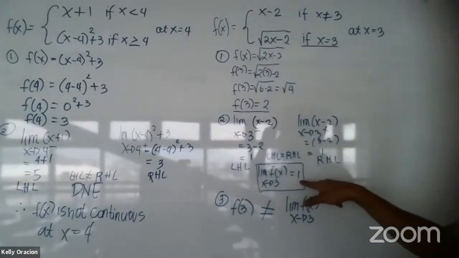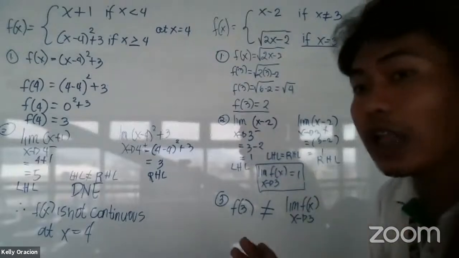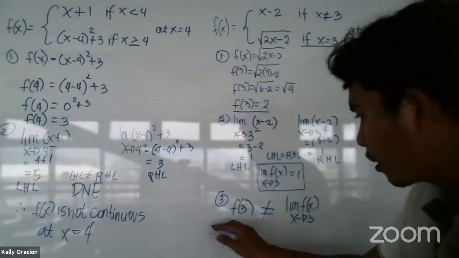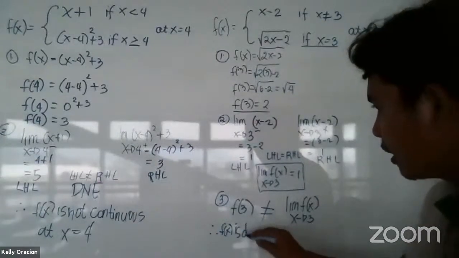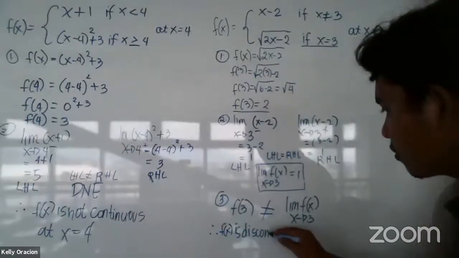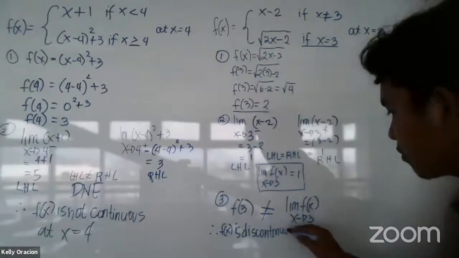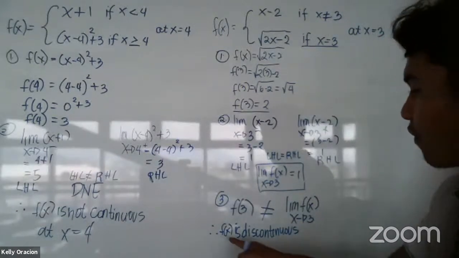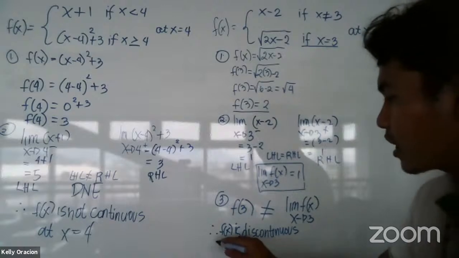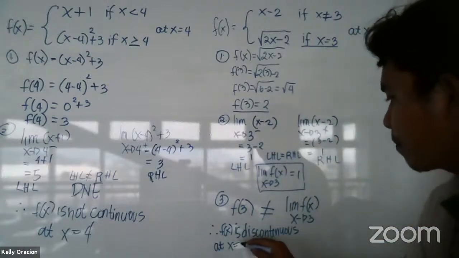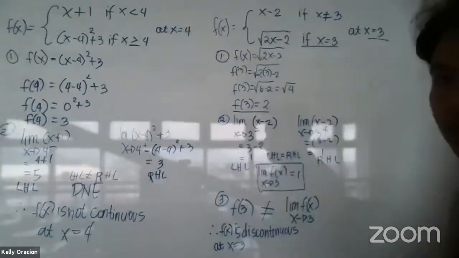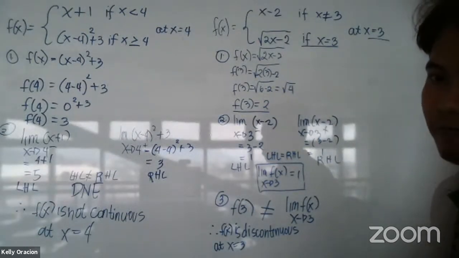The limit is 1. They are not equal. Therefore, f of x is discontinuous. At what point? At x is equal to 3. And that is the answer.